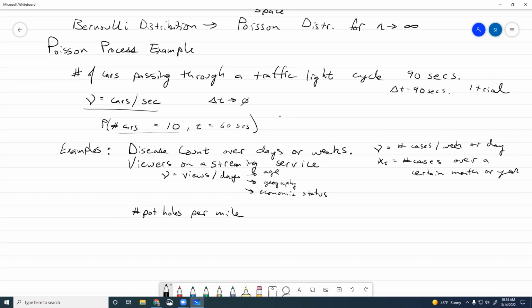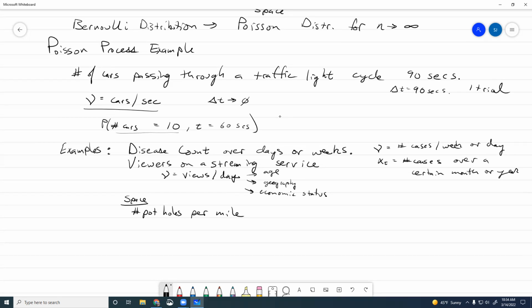In a road. Okay, so we go out and do a survey, we collect the data. So this is a space example. We say we have a crew that can repair 10 potholes in an hour, or maybe that's a big number, I don't know.